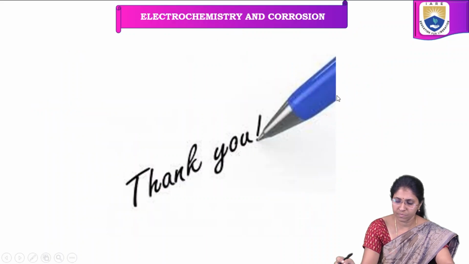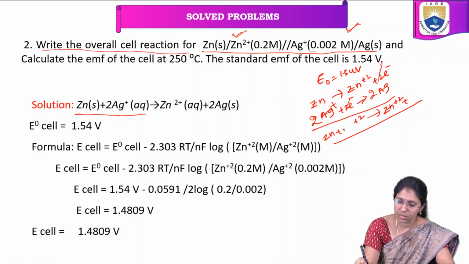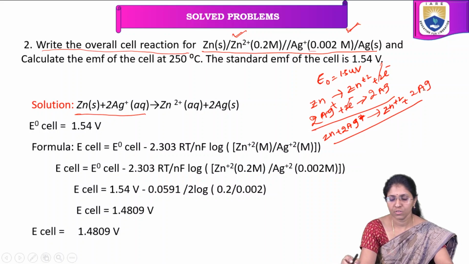2 Ag+ plus 2 electrons gives 2 Ag. So zinc plus 2 Ag+ gives Zn2+ plus 2 Ag.